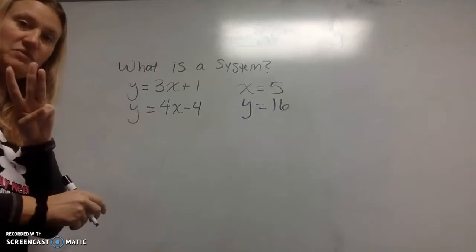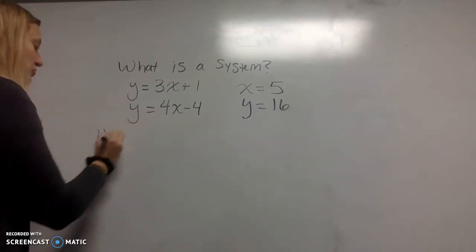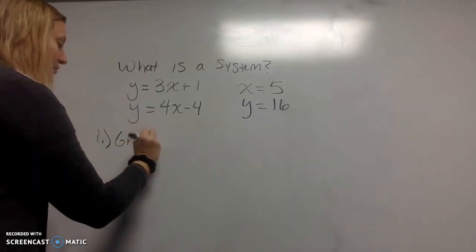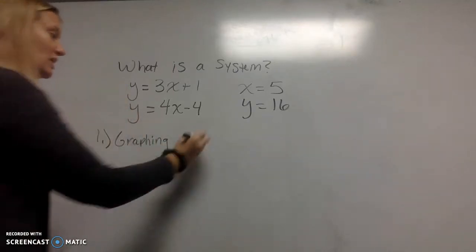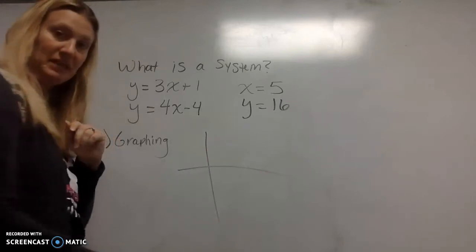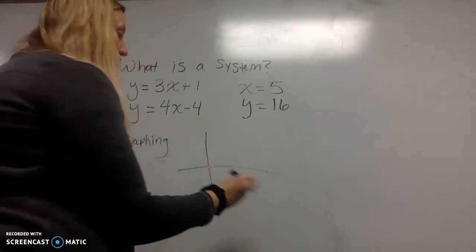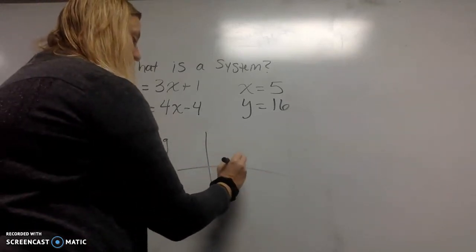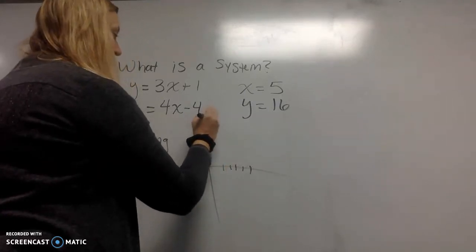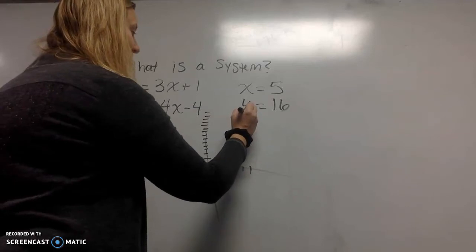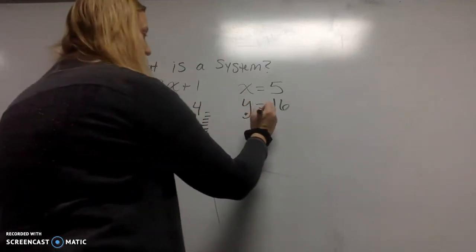There are actually 3 ways that you are going to learn, and the first way is through graphing. So I can graph these 2 lines on a coordinate plane, and after I do, I will see that those 2 lines will cross at the coordinate point 5, 16.